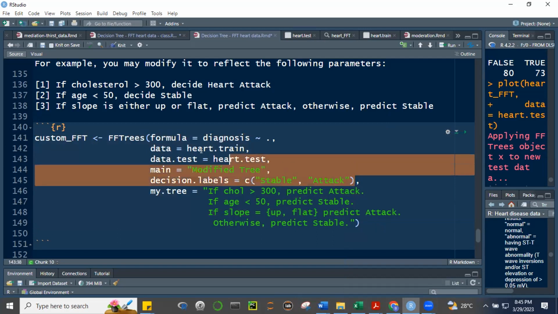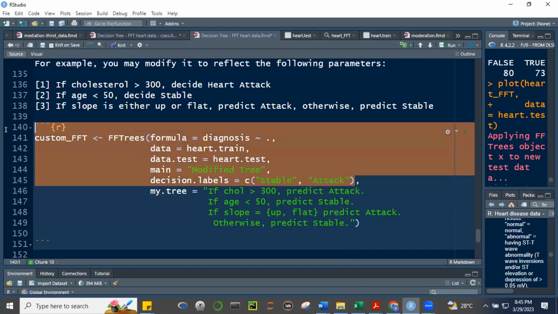Okay, ito yung kanina hanggang dito lang tayo. We ended here. But as I said, we can modify our tree to include this one. And my.tree is equal to this one, sinabi natin.